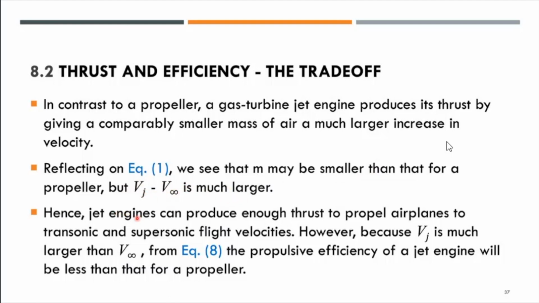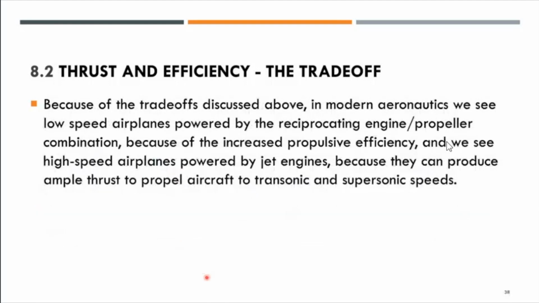Hence, a jet engine can produce enough thrust to propel an airplane to transonic and supersonic flight velocity by having a low mass flow but higher velocity effect, because the jet velocity is very much larger than the free stream velocity. From equation 8, the propulsive efficiency will be much less than for a propeller.